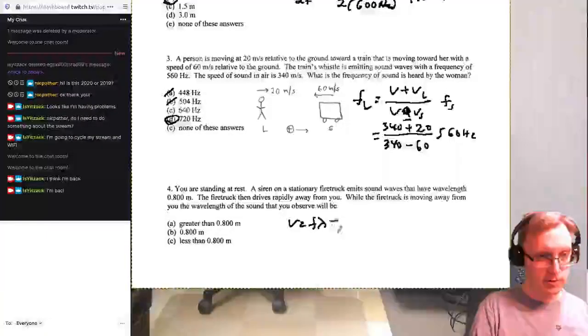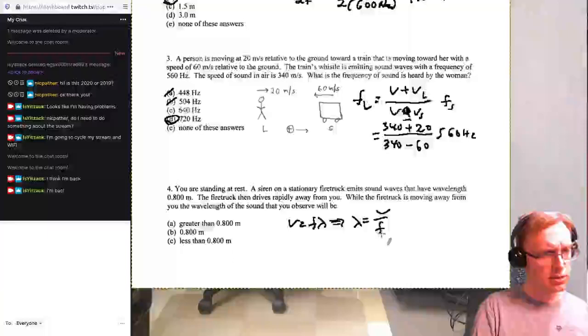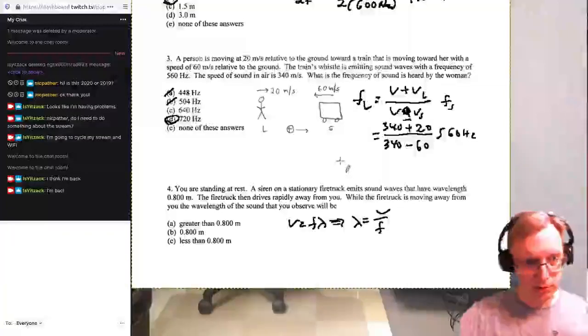If the frequency drops, then lambda is equal to V on f. If the frequency decreases, then the wavelength increases? That doesn't sound right. Lambda should be larger. Moment.